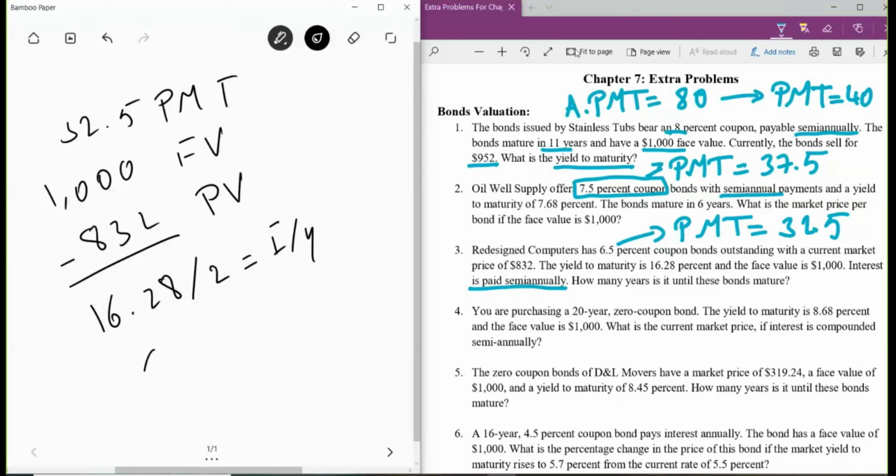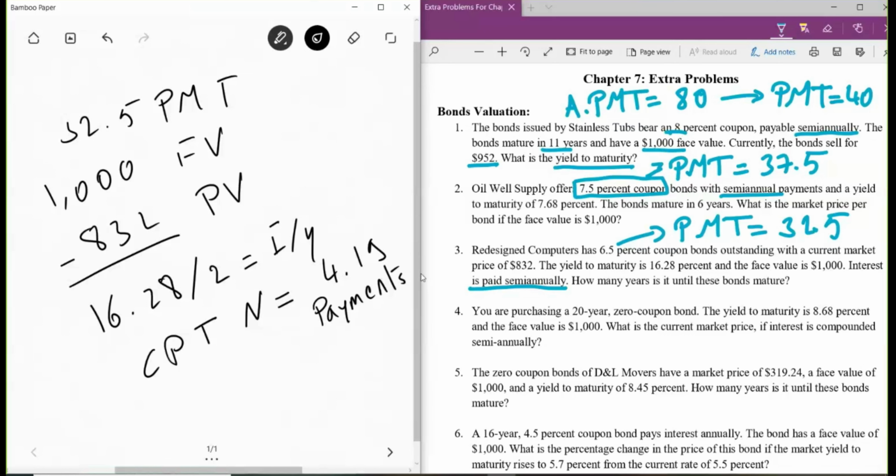So I compute N. N is equal to 4.19. So I have 4.19 semi-annual payments.